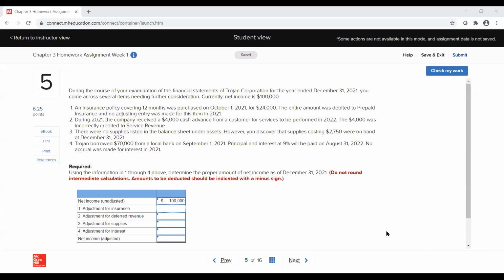This homework is kind of going over what we just talked about with adjusting entries.